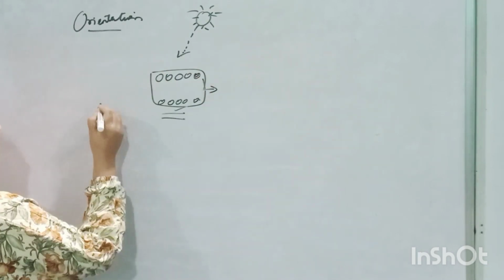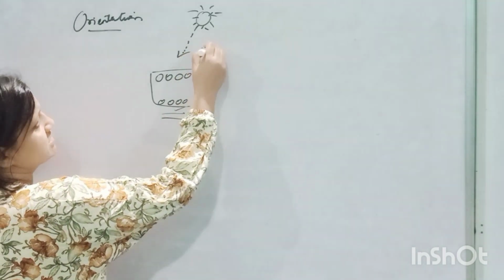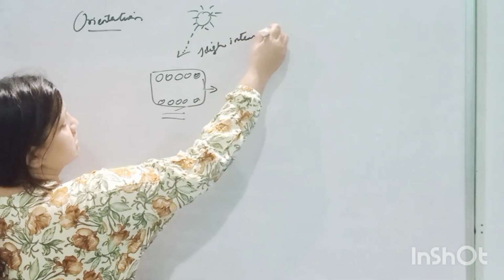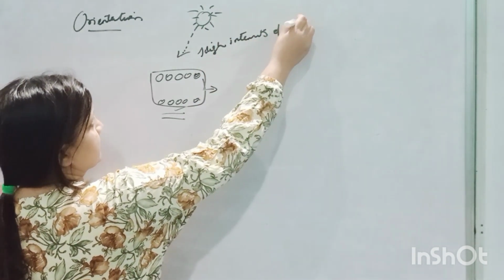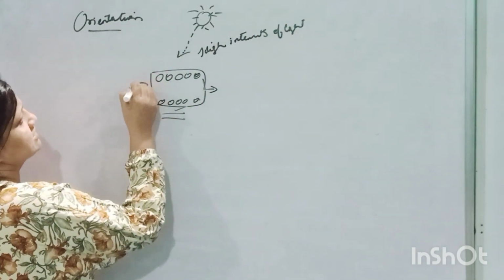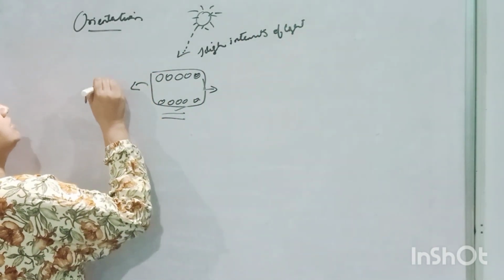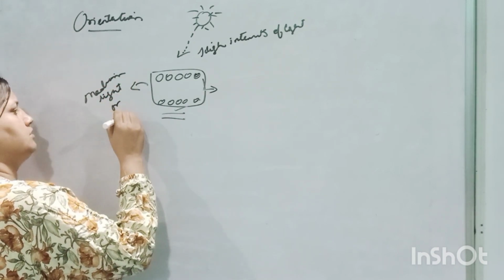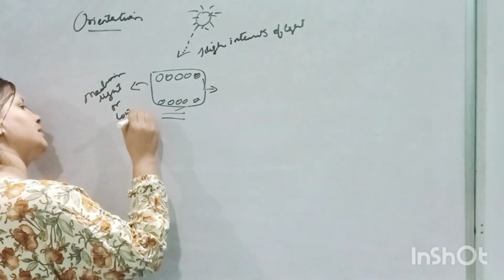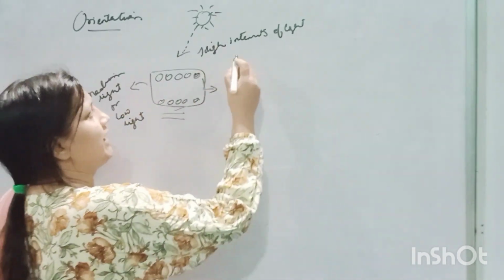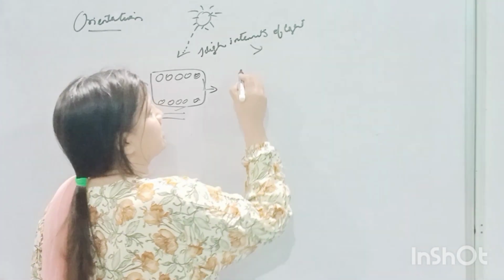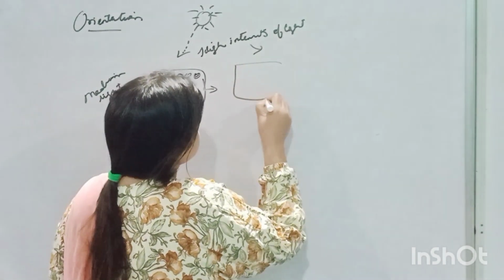But when there is high intensity of light, the chloroplasts don't capture light so much, because it will damage the cell. So what do they do?